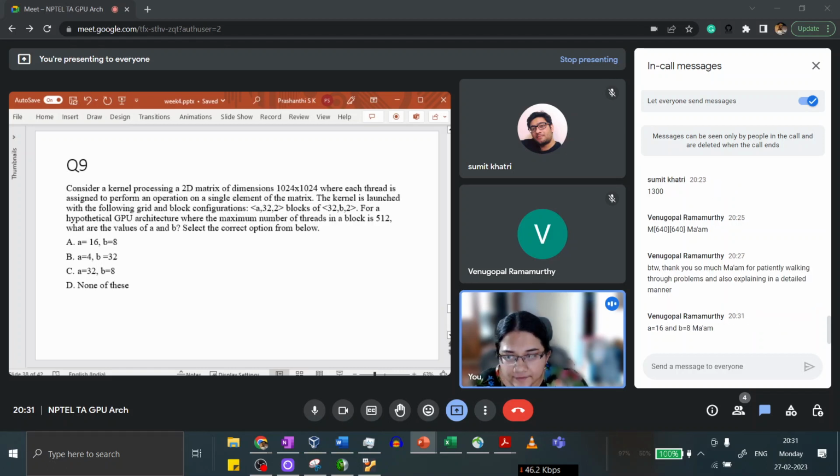Okay, we have an answer saying A equal to 16, B equal to 8. Anyone else? We'll wait a few more seconds and look at the answer.